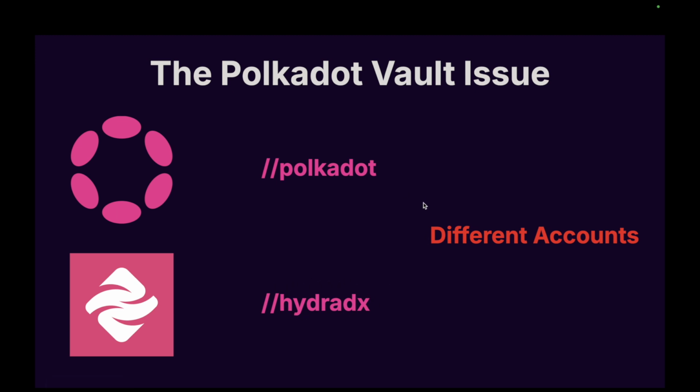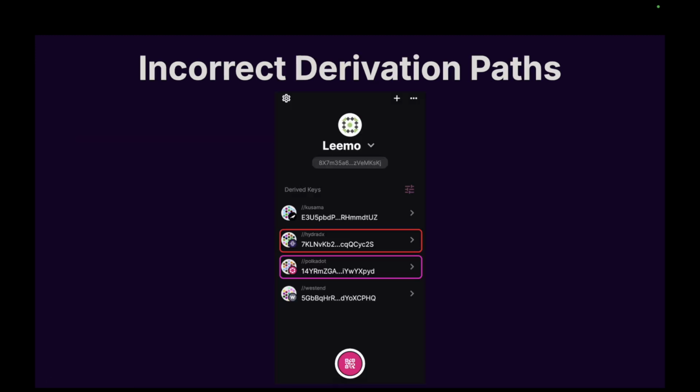Because of what we said before, these are fundamentally different accounts. It's like changing your seed phrase. So if you cross-chain tokens from Polkadot to HydraDX or Hydration, you want to use the /Polkadot derivation path for the Hydration/HydraDX network, and that will give you the same underlying account or private key.